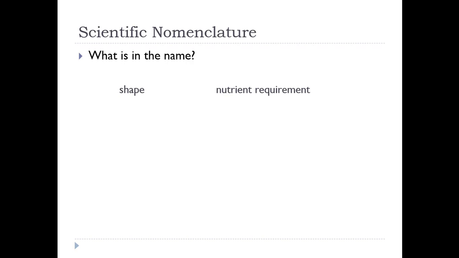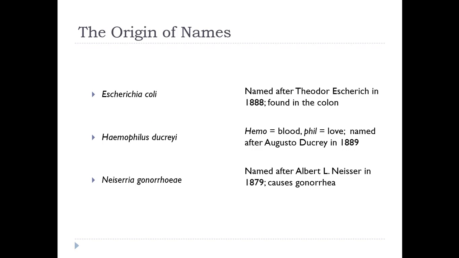What is in the name? So we name these by shape, nutrient requirement, habitat, sometimes a name after the founder, disease. So here's some examples. Escherichia coli, named after Theodor Escherich.